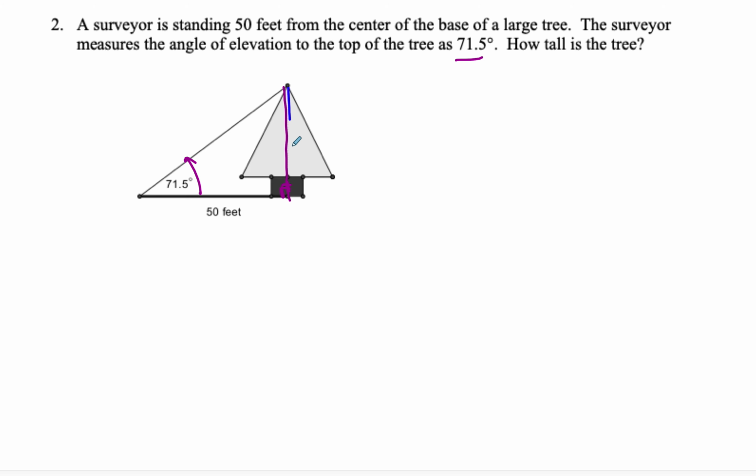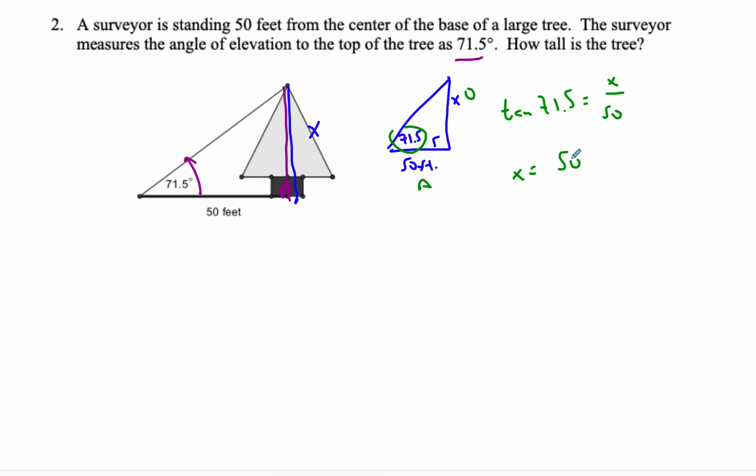Well, the tree's height would be this here. We'll call that x. So the triangle we're looking at would be 71.5, right angle. This is 50 feet, and this would be x. So then we would take, that's the opposite, that's the adjacent, that would be the tangent of 71.5 equals x over 50.